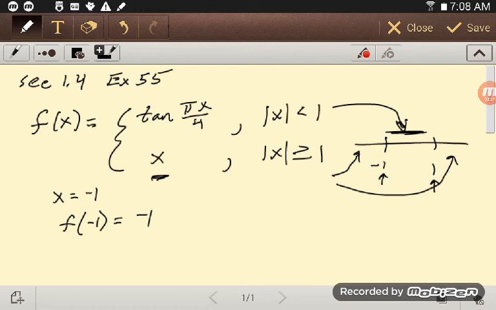Now, what's the limit as x goes to -1 from the right, inside there, of tangent of pi x over 4?